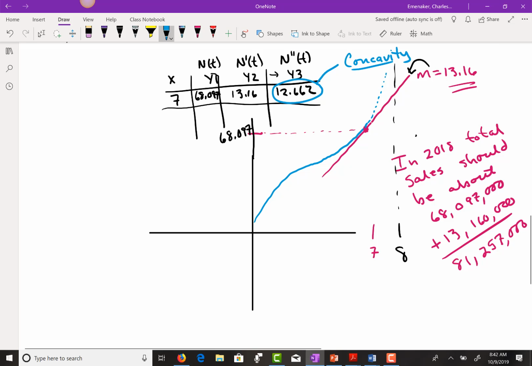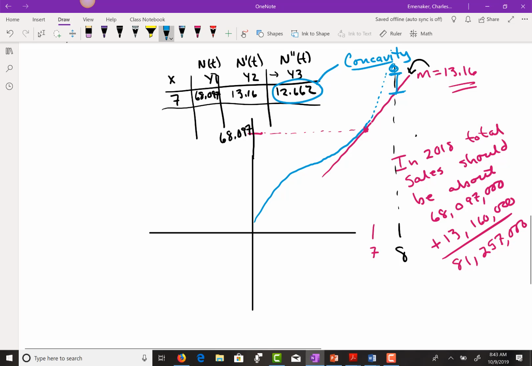We're guessing. But what the second derivative tells us is concave up, sales are going to continue to go up at an increasing rate. Does that make sense? Which means that our actual graph is going to be up here above our estimate. And that is killer important to know.